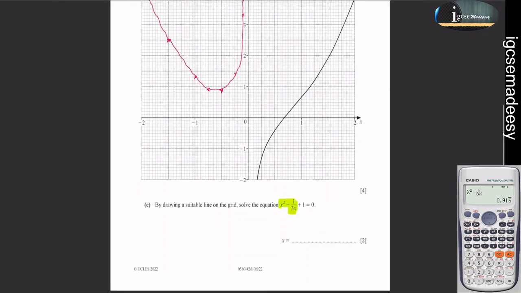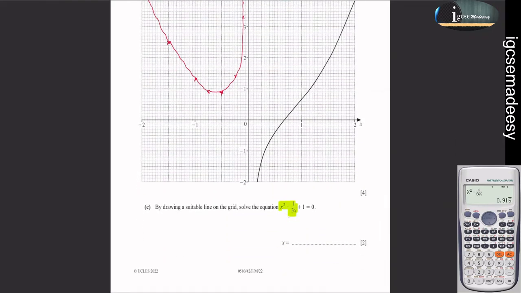So we will just write x squared minus 1 by 3x equal to y, and there is 1 on it and 0. So what is the value of y? Actually it is forming an equation. If I shift this 1 over to the right, y equals minus 1. So this is the line that we have to draw in this equation.